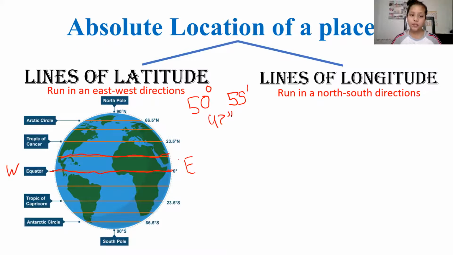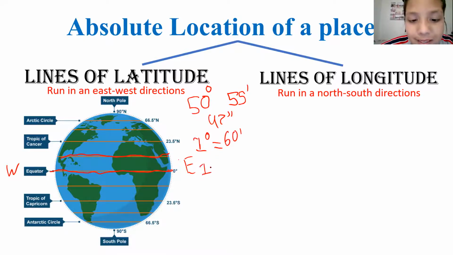The middle line of latitude in the middle of Earth is called the equator. It measures 0 degrees. 1 degree is equal to 60 minutes, and 1 minute is equal to 60 seconds.